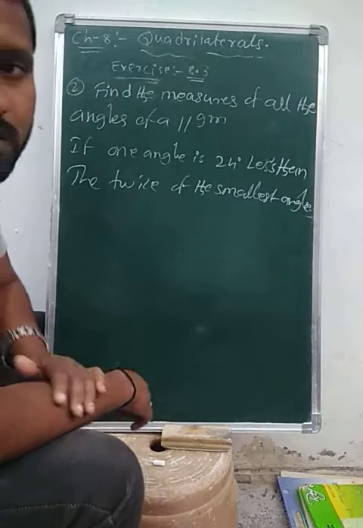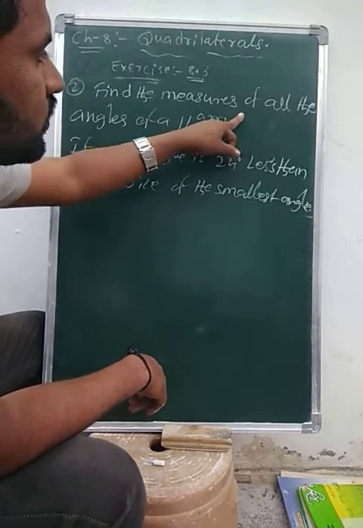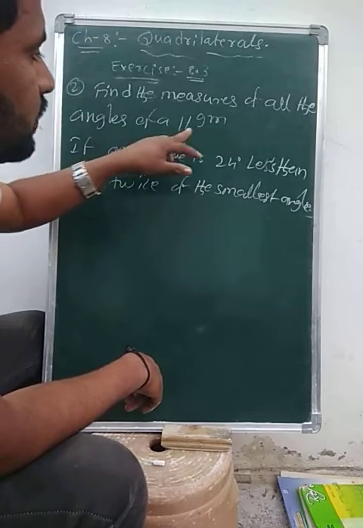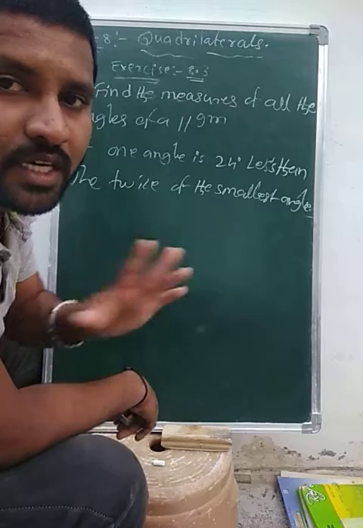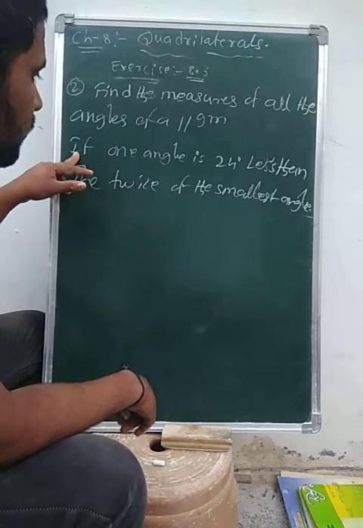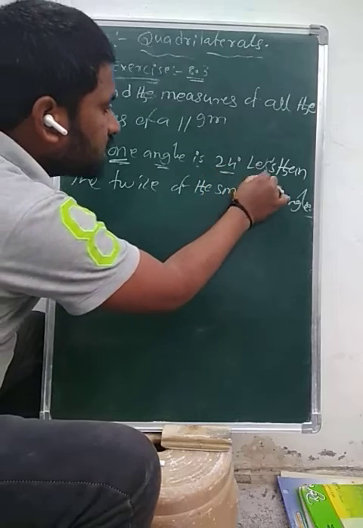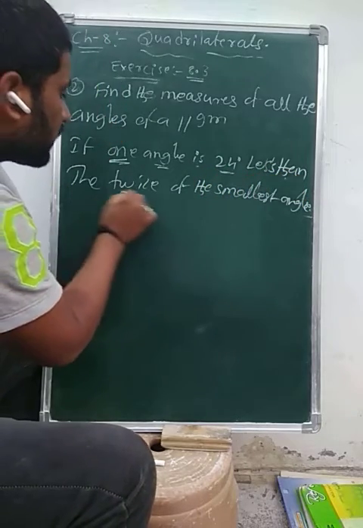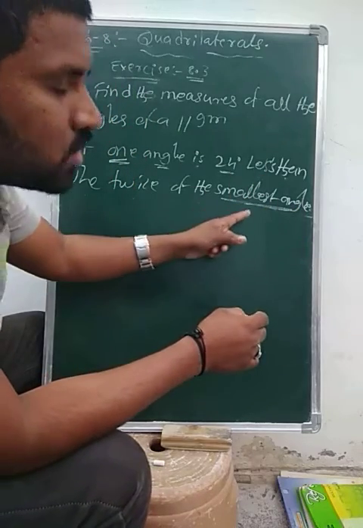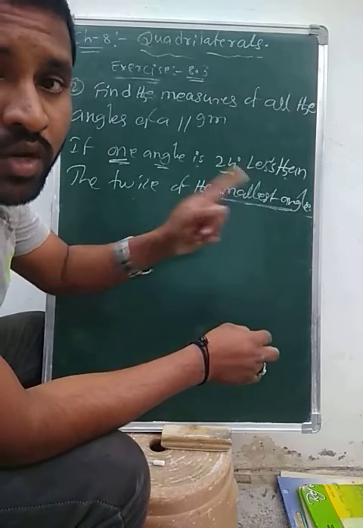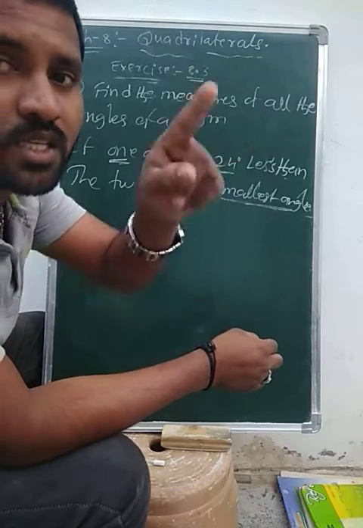Is it clear, students? The question is: find the measures of all the angles of a parallelogram. What is the hint in the question? If one angle is 24 degrees less than twice the smallest angle. We don't know the smallest angle, but one angle is 24 degrees less than twice the smallest angle.